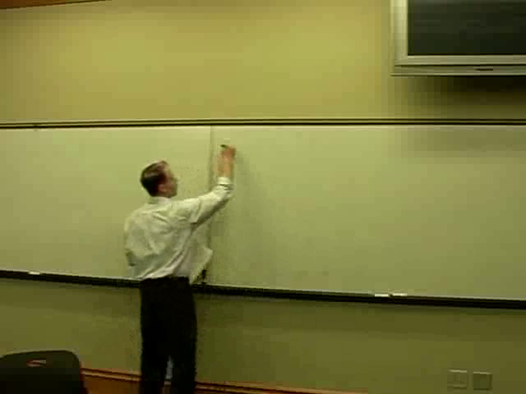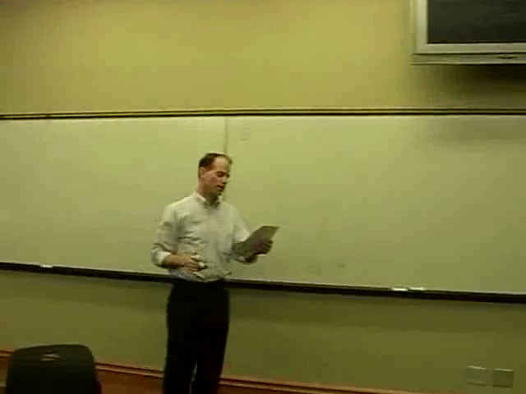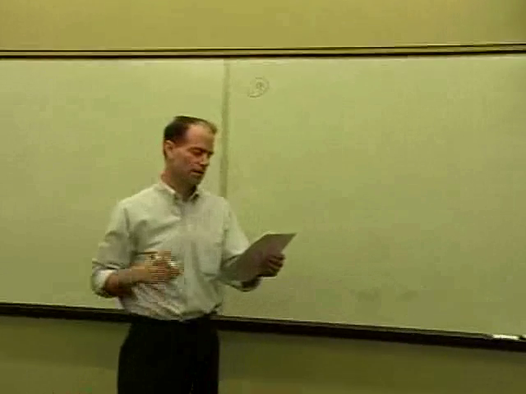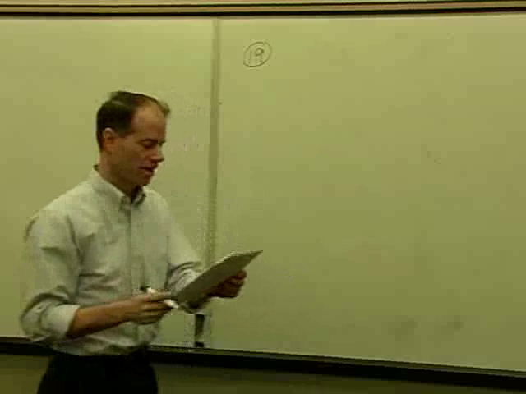Problem number 19, an object 20 centimeters high is placed 2 meters in front of a lens whose focal length is 5 centimeters. What is the size of the image in millimeters? Well, not a whole lot different from some of the other problems, except we're getting a mixture of sizes here.